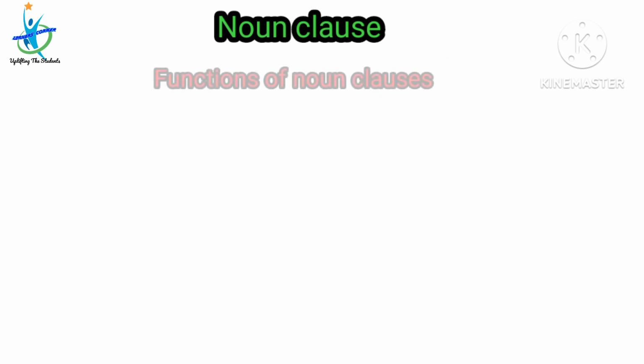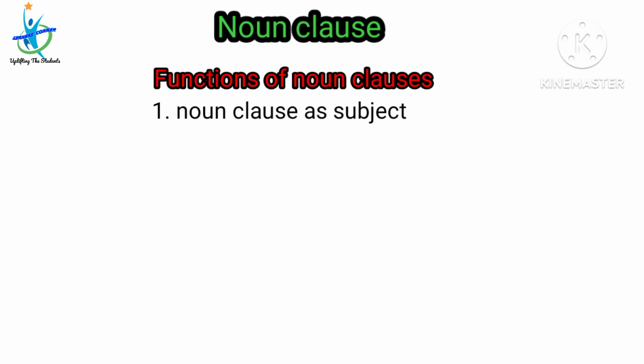Now let's look at the functions of noun clauses. A noun clause can have up to 5 functions, but in this video we are going to restrict ourselves to 2 different functions. The first is noun clause as subject, and secondly, noun clause as object.